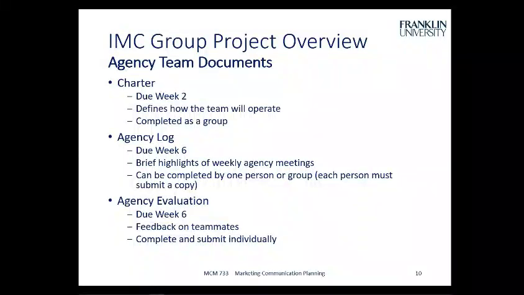This is what we accomplished this week in the group, and that's your log, if you will. You'll see on the website there's a form for that, and what a lot of groups do, and this is what I recommend, is maybe there's one person whose responsibility it is to keep the notes, so that at the end of every meeting you can say, okay, this is what we're going to put in the agency log this week, and keep a running version of it rather than trying to remember.